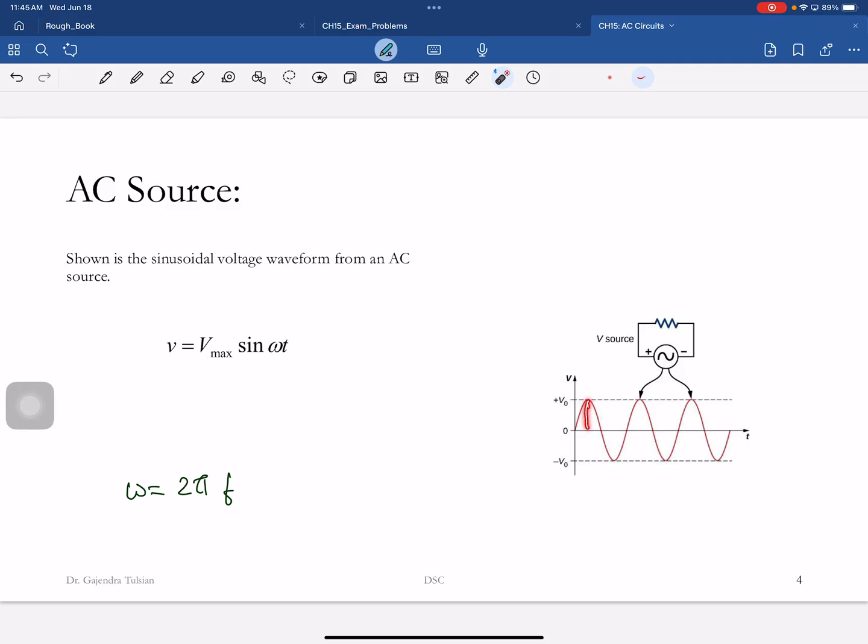And what is the amplitude? It's not 120 volts; the amplitude is about 170 volts. The 120 volts is the V RMS, which is max divided by root 2.